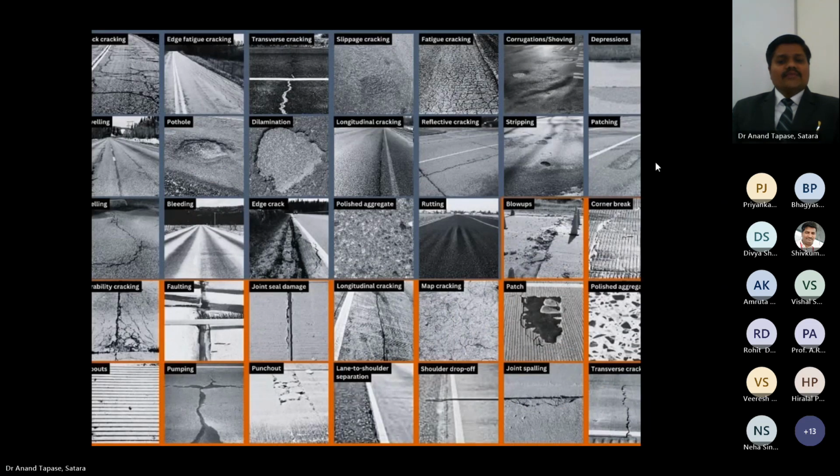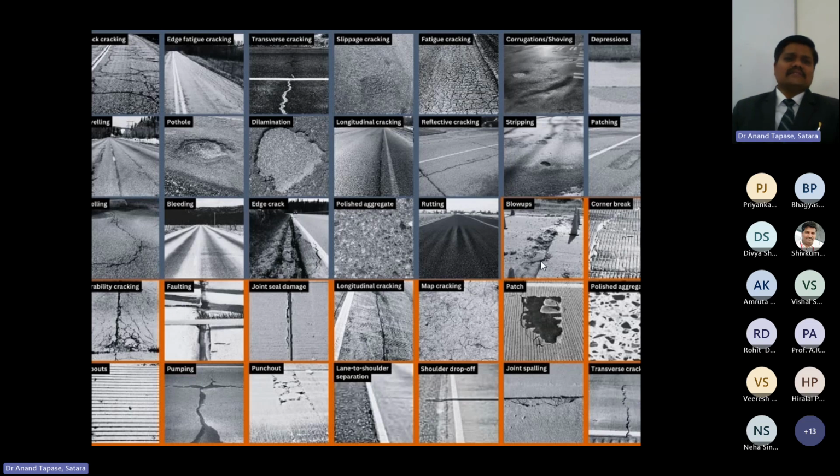Various types of failures in rigid pavement and flexible pavement in different types of roads are being encountered. Pothole formation, bleeding, rutting and patches. We have noticed them everywhere on Indian terrain. Around 70 to 80% of patches and failures we have already seen.